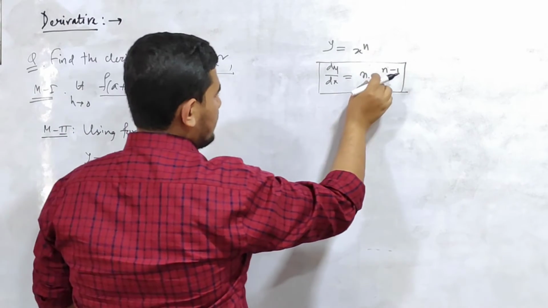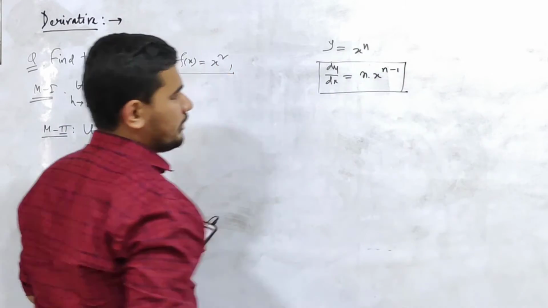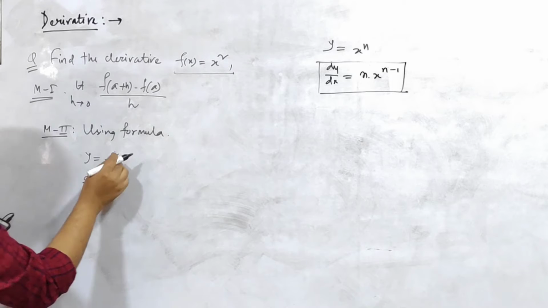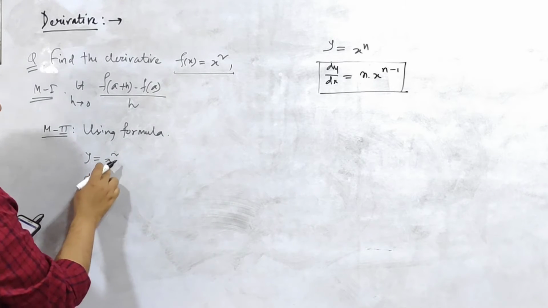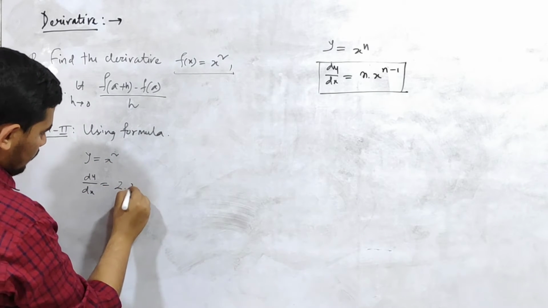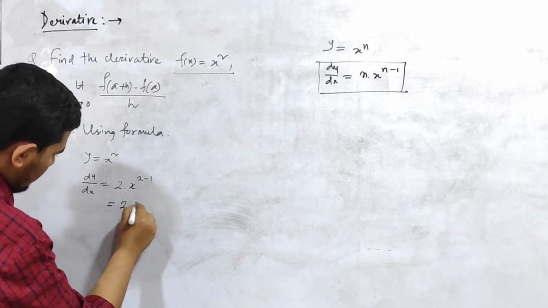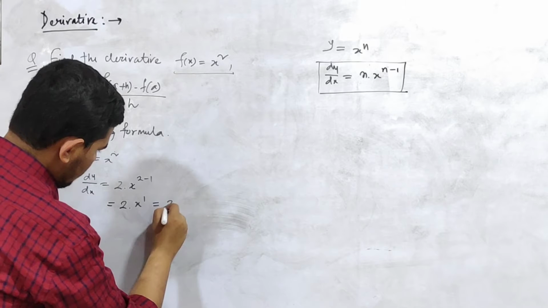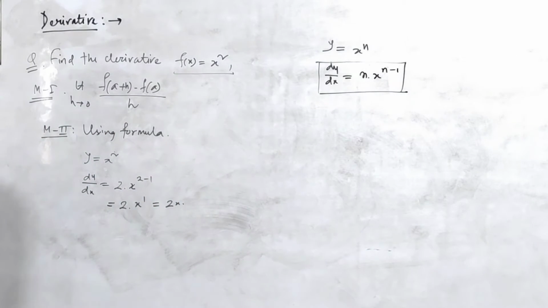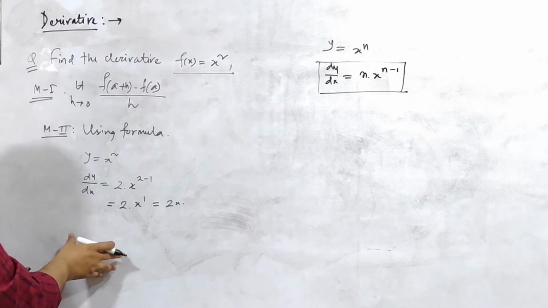So in the formula we have n into x to the power n minus 1. So here 2 is the exponent and x is the variable. So I am going to write 2 into x to the power 2 minus 1. So this will be 2x to the power 1, which will be equal to twice x. So this is a basic example.